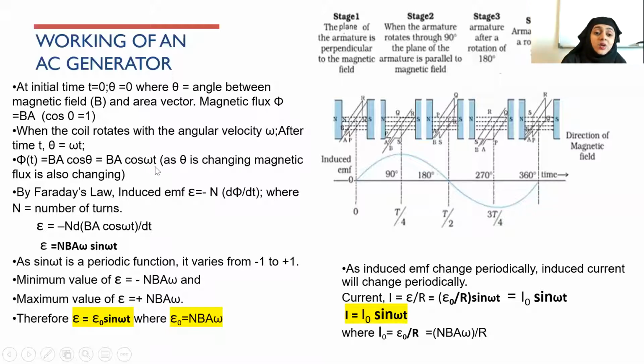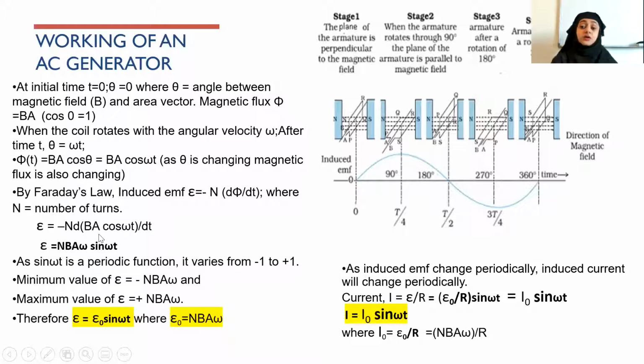So it's the angular displacement theta. Now, by Faraday's law, you know that the induced EMF is equal to minus n d phi by dt, right? So instead of phi, let us put BA cos omega t. So EMF is equal to minus n d by dt of BA cos omega t. Now we have to differentiate BA cos omega t.